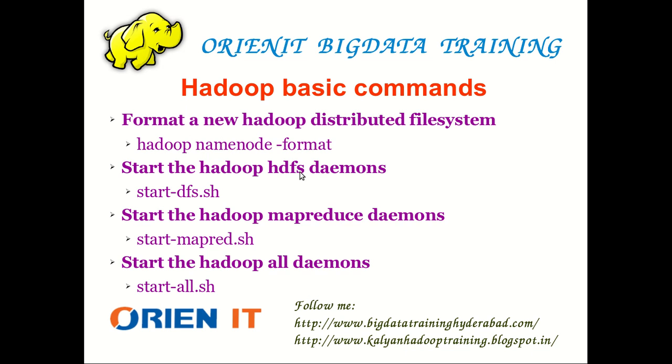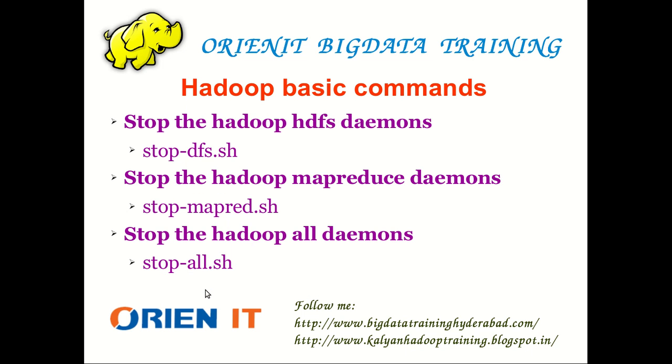If you want to start only Hadoop HDFS daemons, the command we gave is start-dfs.sh. If you want to start only MapReduce, we gave the command start-mapred.sh. If you want to start all the daemons, we gave the command start-all.sh. Similarly, the opposite commands we have seen are stop-dfs.sh, stop-mapred.sh, stop-all.sh. Correct? So these are the commands we have verified.